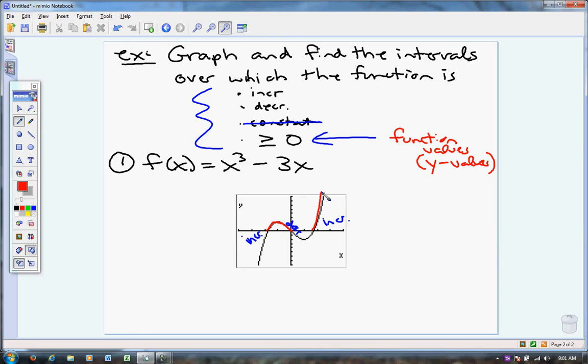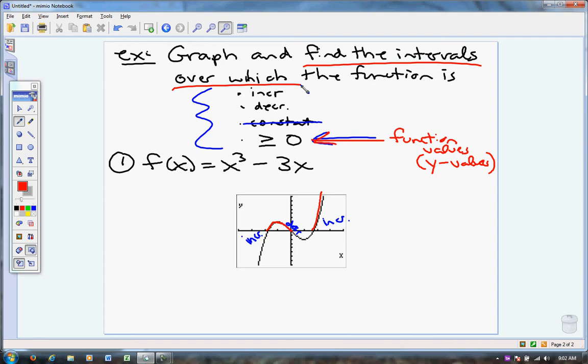All right? So we've got a little bit of work to do. Why don't we take care of this one first while we're talking about it? If I want to answer that question, it said to find the intervals over which the function is greater than or equal to 0. It's asking for x values.